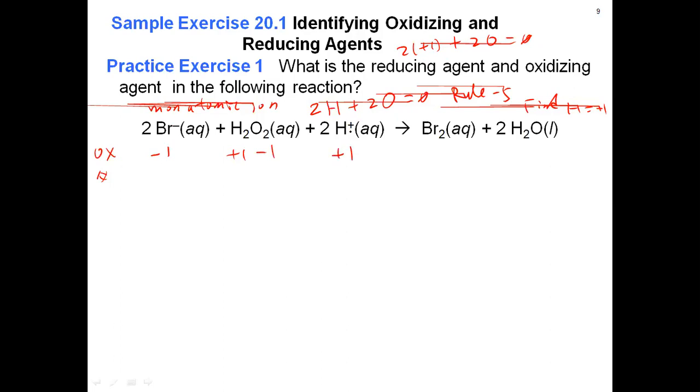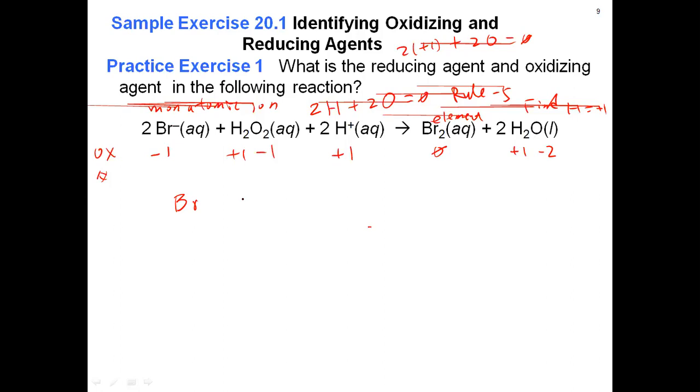The H here is the monatomic ion. Br here is the element, and we know an element has oxidation number 0. The H in H2O is still +1, and the O in H2O is -2. Now let's see what happened to the element Br.